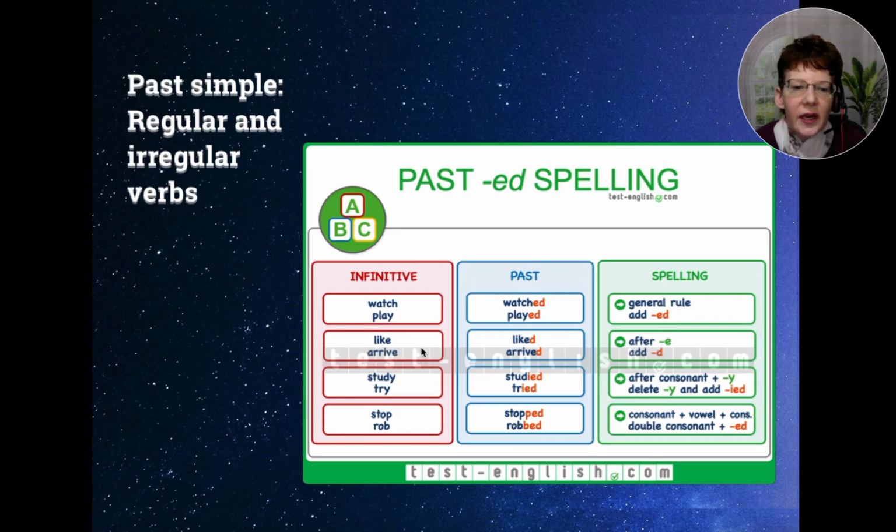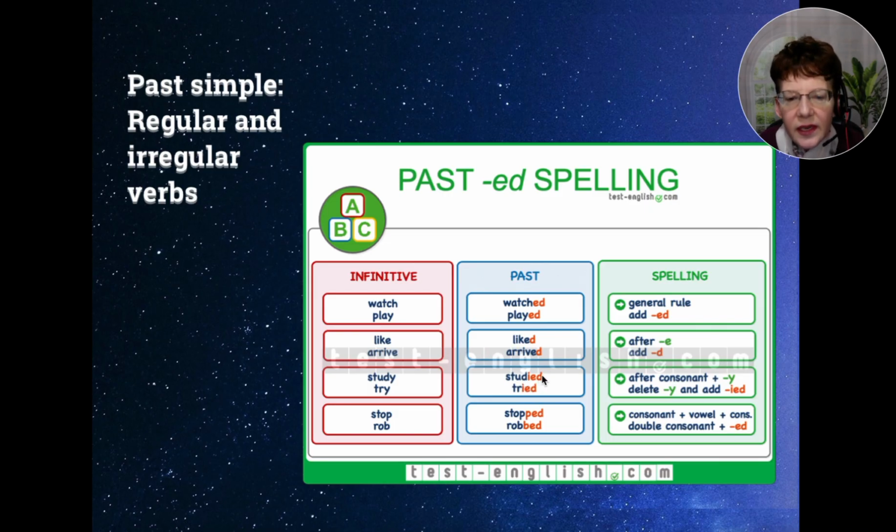All right. Now, if these verbs end in an E, like and arrive, we just add a D. So liked and arrived. And for these, we have study and try. So after a consonant plus Y, we remove Y and add I and then ED.